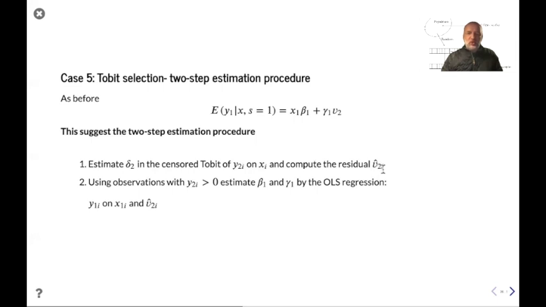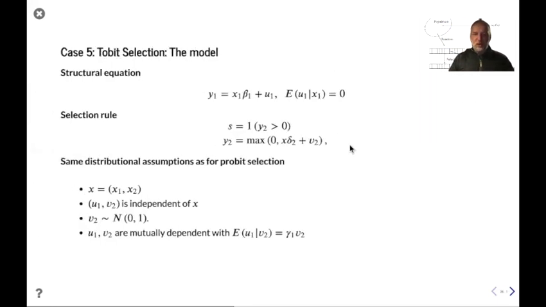Using the observations of these residuals, and remember, these residuals are observed for the selected sample, because of the continuous part of the distribution where hours is not censored. So for that part of the distribution, we can actually estimate the residuals. It's coming out of the Tobit model.